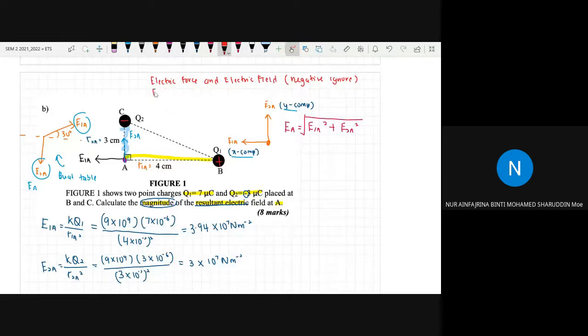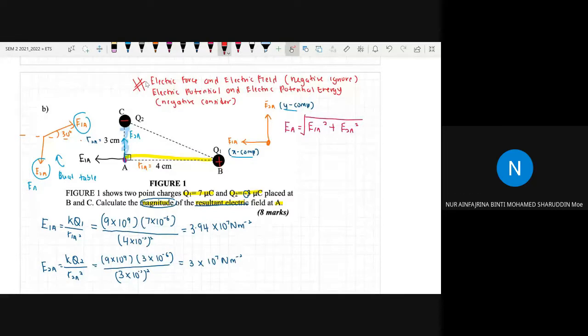But for electric potential and electric potential energy kena consider negative. So this is just a very quick recap reminder for you all.